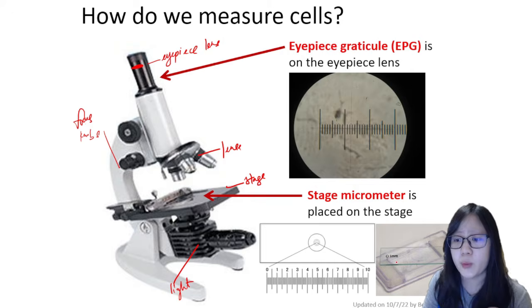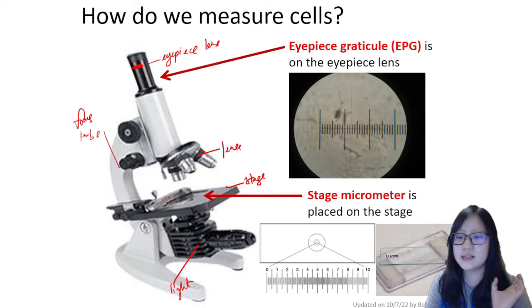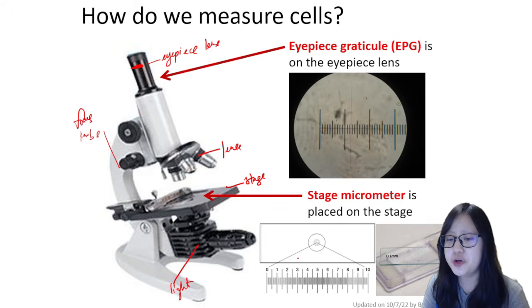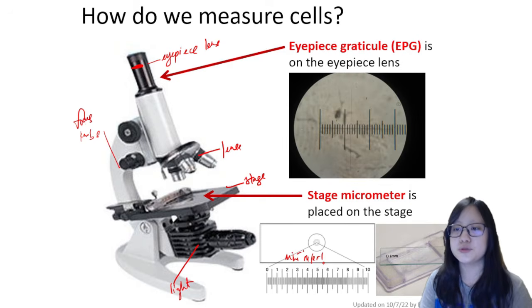This is 0.1 mm, and they usually have specific measurements on that slide. It's actually a really tiny ruler. It's a mini ruler, and it gives you the actual measurements.